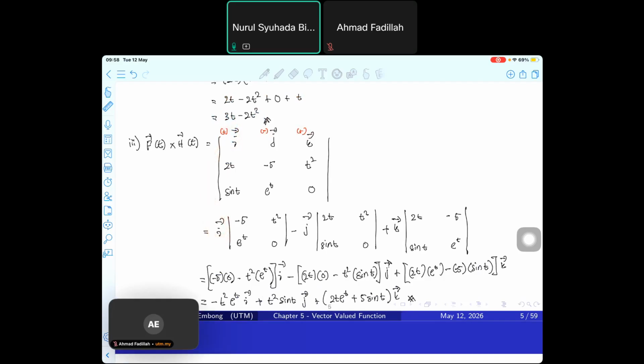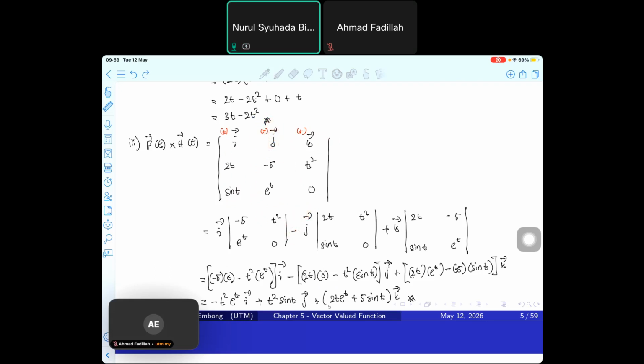Then just imagine that you are closing the first row and the first column. This is the row, this is the first column. We are left with this one, so just take everything and put it here. Do the same thing: this negative, take it here, and j, copy it over here, and do the same process.